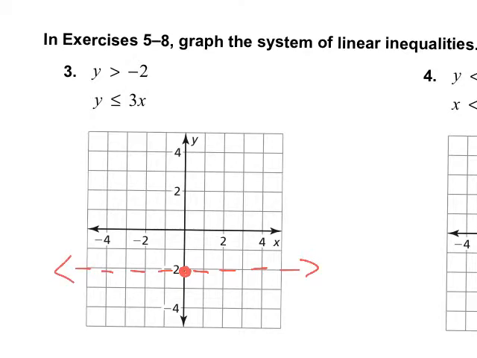Okay, and then this is where we're going to stray from the first problem that we did. This is what I'm going to suggest to you. For this first inequality, does the inequality sign tell us to shade above or below? Above, right? So instead of actually shading, I'm just going to go from this line and draw little up arrows. See my little up arrows?